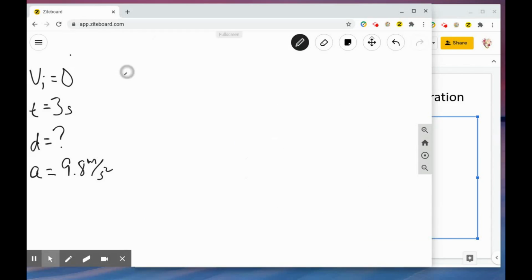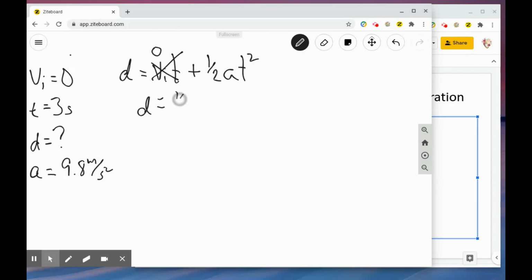So we'll do D equals VI T plus 1/2 AT squared. So if I plug that in, D equals, if VI is 0, this whole part will cancel out.